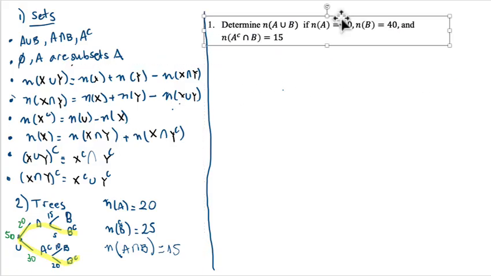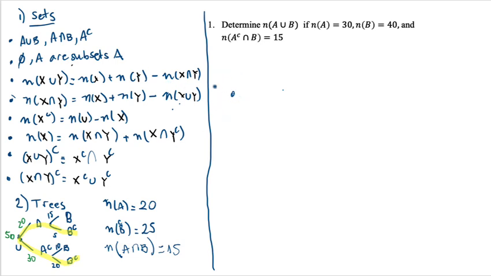And the first way we're going to solve this is using trees, okay? You will see that by using trees, you can easily find the answer. I'm going to do it in a very slow fashion.